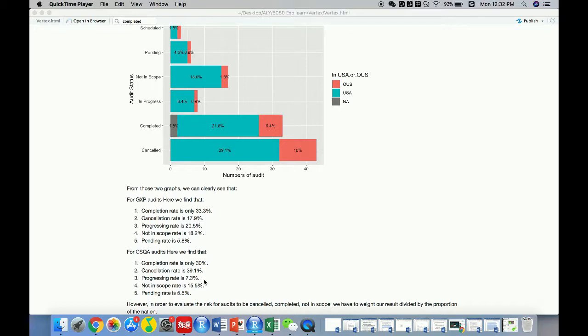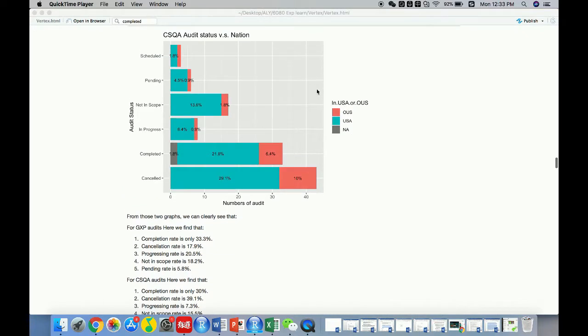We can infer the risk of the audits being cancelled, completed, or in progress by using those percentages, but we cannot use them directly. For example, for the CSQA audits, we can see the audits in US are more than audits out of US, so we cannot directly use this percentage to say that if the audit is in US, it has more chance to be cancelled.